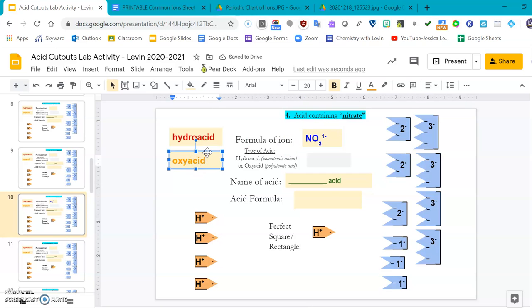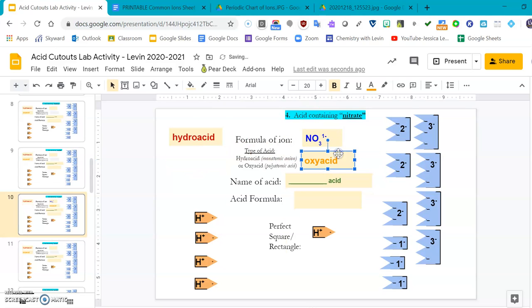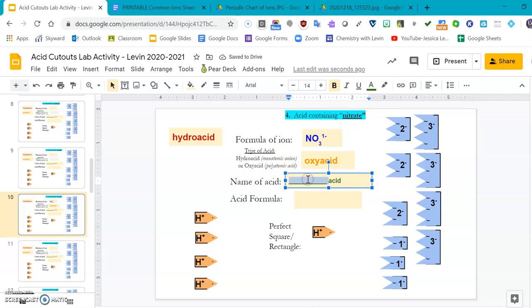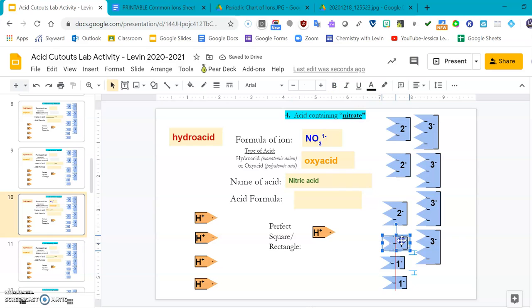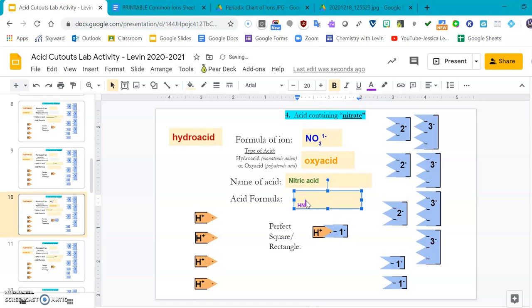This is a polyatomic ion, so it's an oxyacid, and it ends in ate, A-T-E. So I ate the whole thing, I got sick. So this is nitric acid. So I would come over here. NO3 is a 1 minus charge. I would show it put together, and I would click in here and write HNO3 as my formula for that.